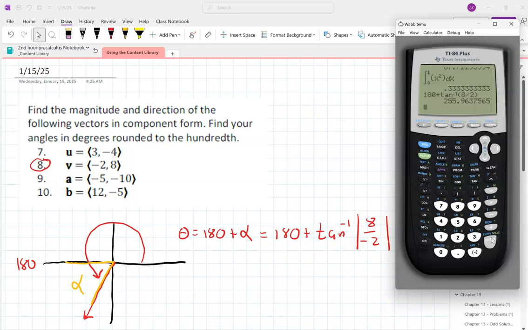I've got to have that picture. You know what I mean? Yeah. Just like when we did the inverse trig functions in first semester, the same idea. But it's easier because from the component form, I already know the quadrant that I'm in. So it's just, Tomasino.